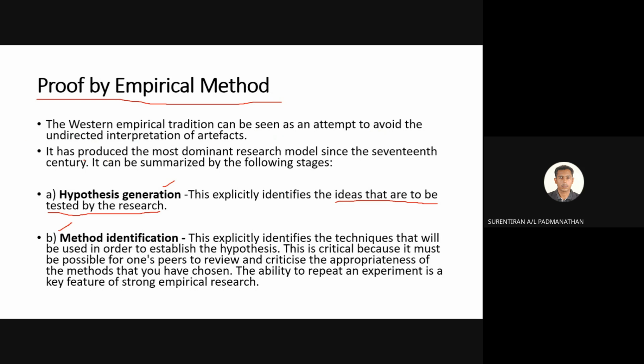It has produced the most dominant research model since the 17th century. It can be summarized by the following stages. These are the method steps, the model that will be mostly used by researchers.